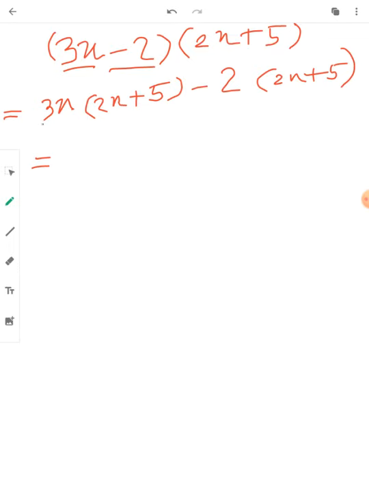It's very easy. So 3 times 2x. So 3x times 2x is 6x squared plus 15x. You have to multiply here, be careful, you have to multiply with the sign. Minus 2 times 2x is minus 4x.